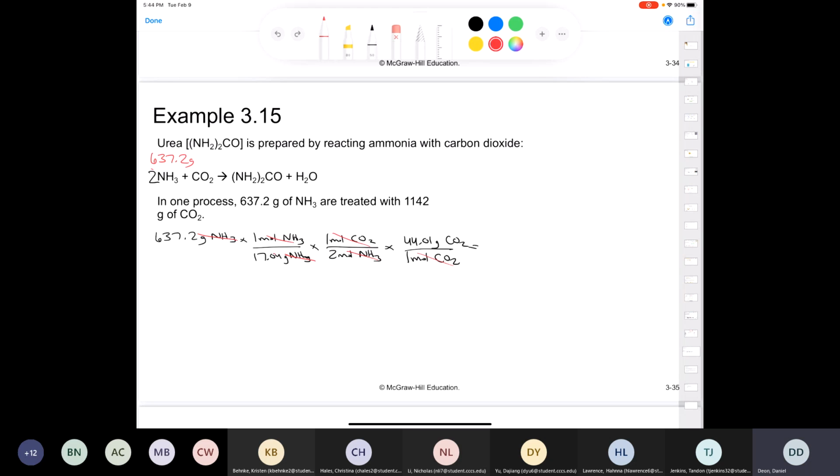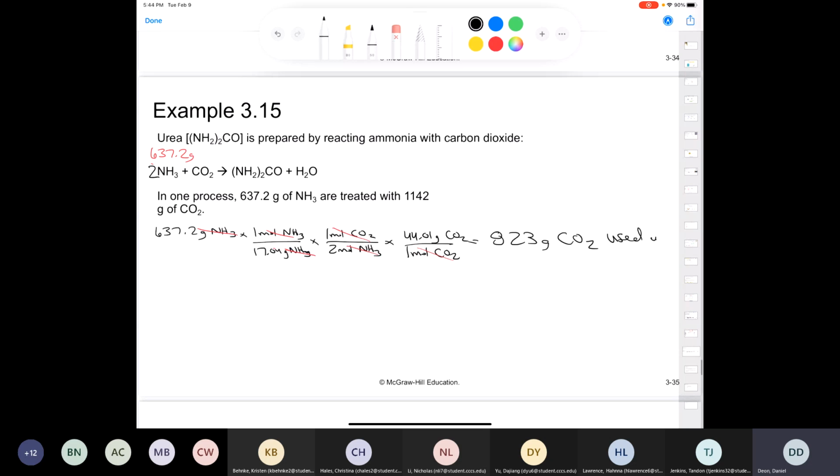When we punch that in, we get 637.2 divided by 17.04 divided by 2 multiplied by 44.01, and we get 823 grams of CO2 used.